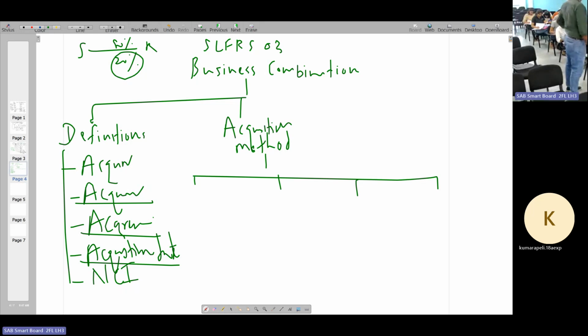That is the third step. We should recognize assets, liabilities, as well as NCI at the acquisition date. Fourth and last one: recognize goodwill or gain on bargain purchase.